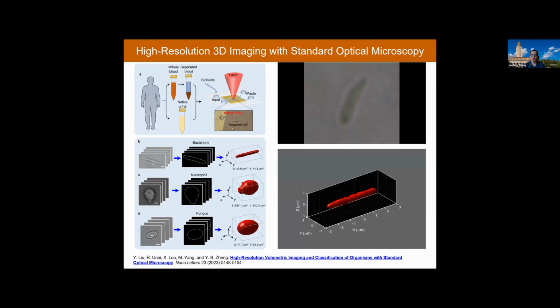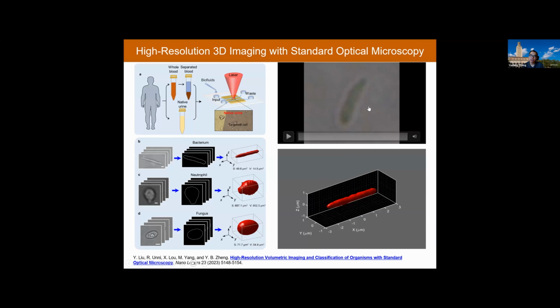So as a demonstration of this rotation capability, we show that by simply rotating algae, organisms, bacteria or viruses, we can use a standard simple optical microscope. Of course, super resolution microscopes are very powerful, including what Dr. Doda introduced, the scattering interference imaging, very powerful to reveal details at the micro nano scale.